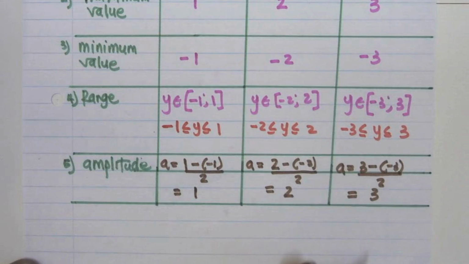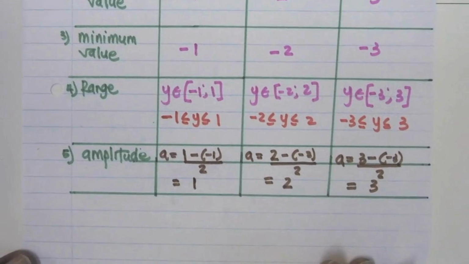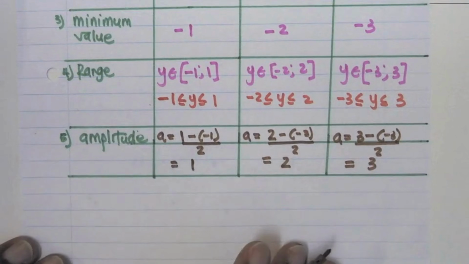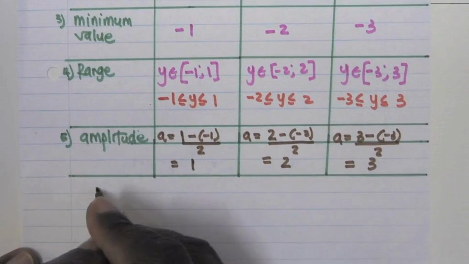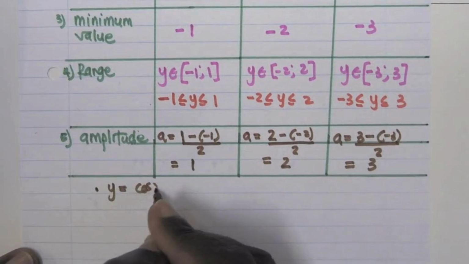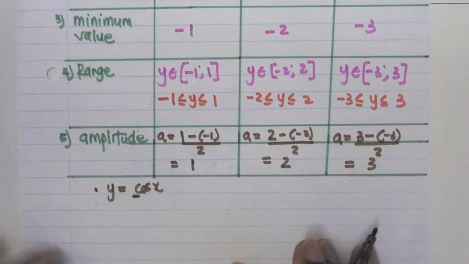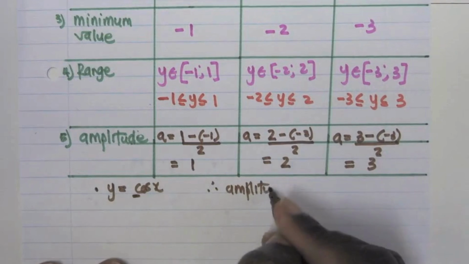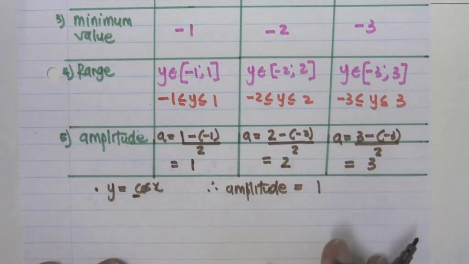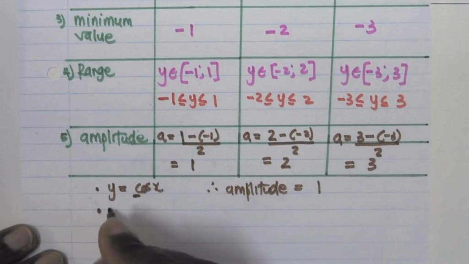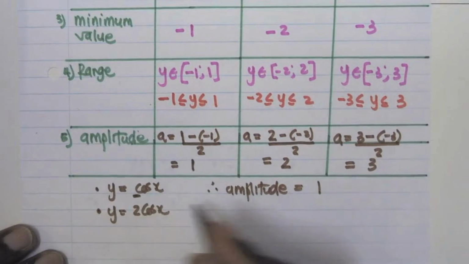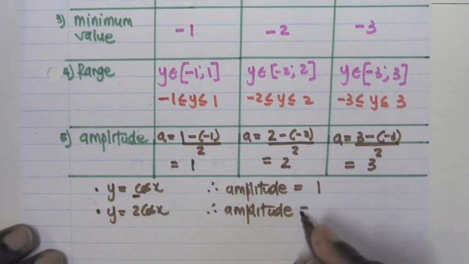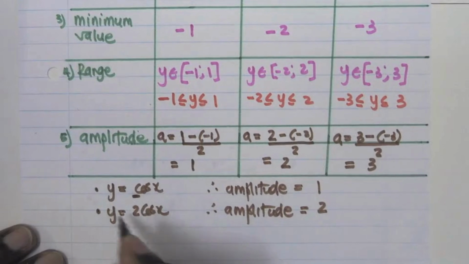If I look at the functions that I was working with, I can also make this conclusion. For the first one, y = cos x, the coefficient is 1 here, therefore amplitude is equal to positive 1. y = 2 cos x, therefore amplitude is equal to positive 2.